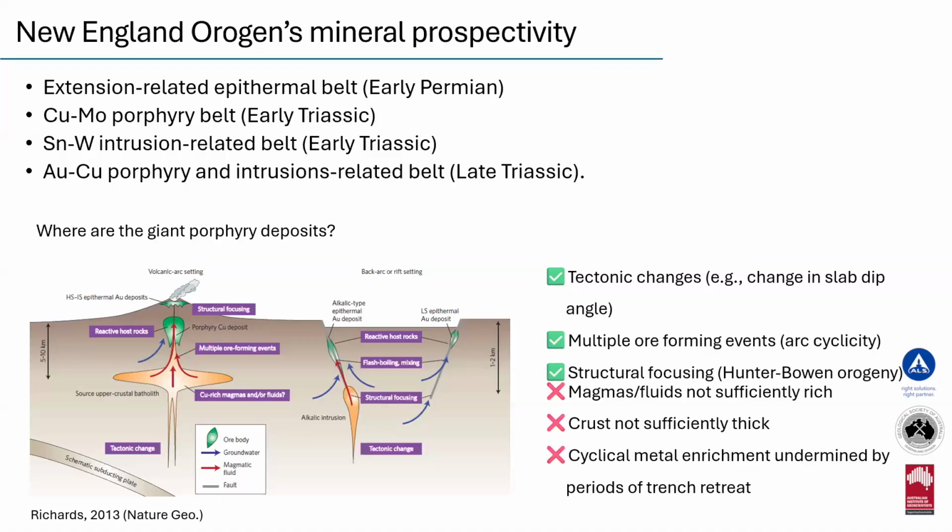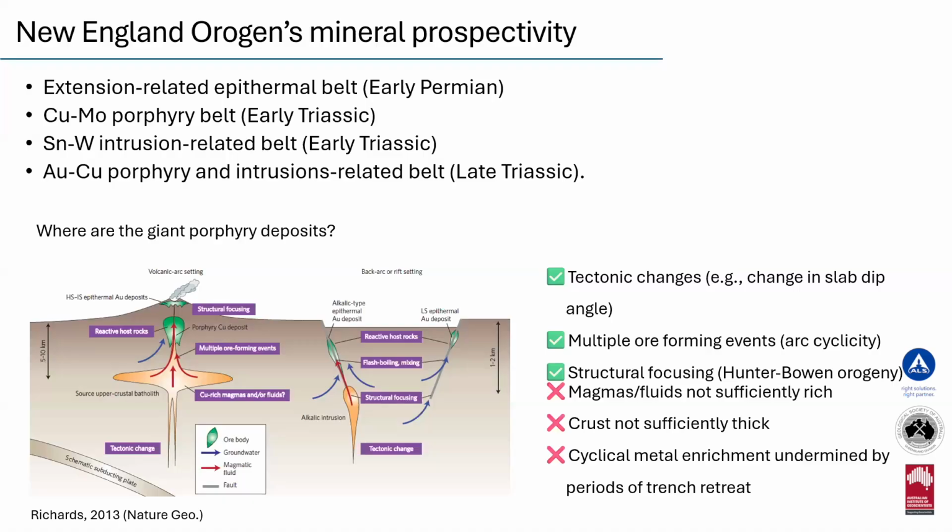Yeah, so it's not part of the geography of the New England, but it is 340 to 320 arc-related granite, and so corresponds perfectly to the arc that sits adjacent to the arc regions that we see in southern New South Wales.